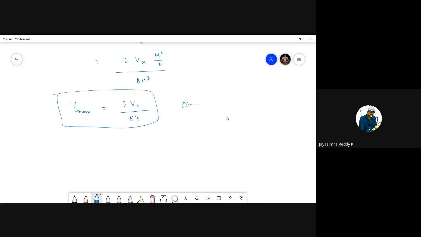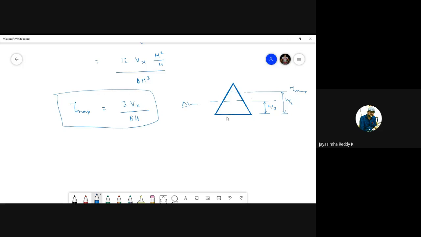So if you see here in triangular cross section, tau max is at h by 2 from the base. Okay, so this is tau max.